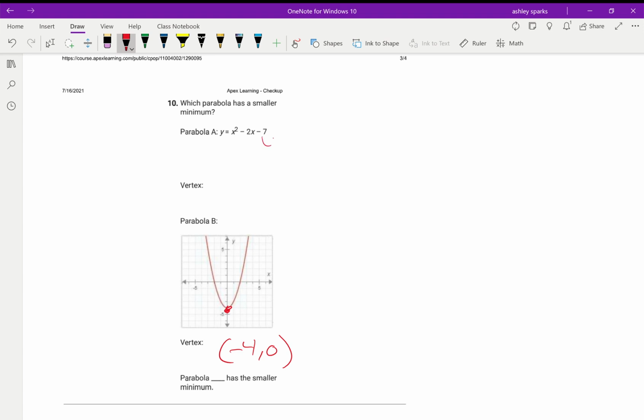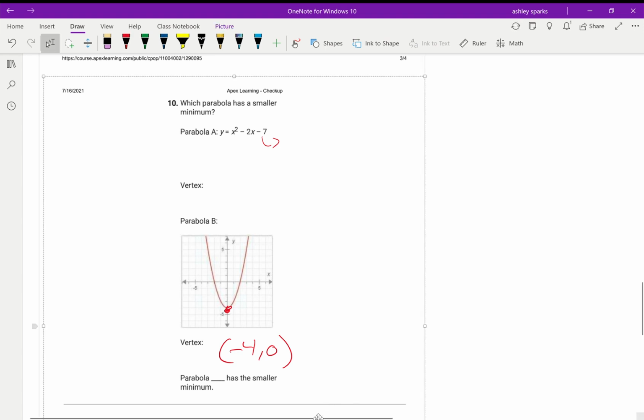I can start off by figuring out what's in between my 2 points. So 7 doesn't factor nicely.